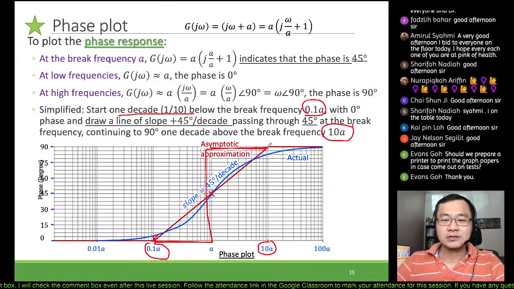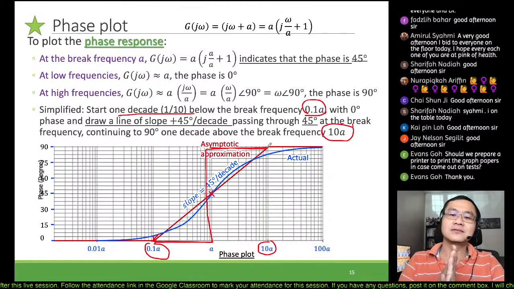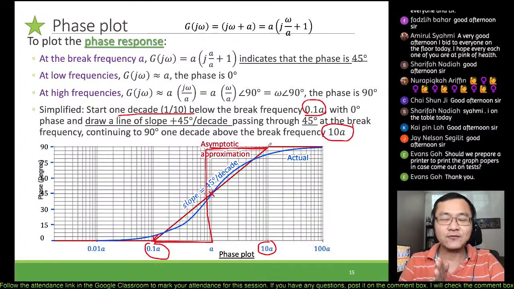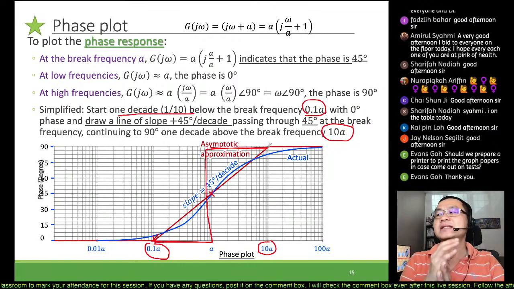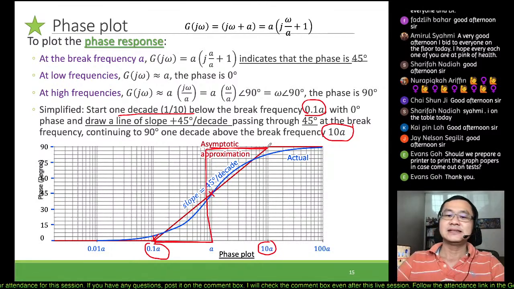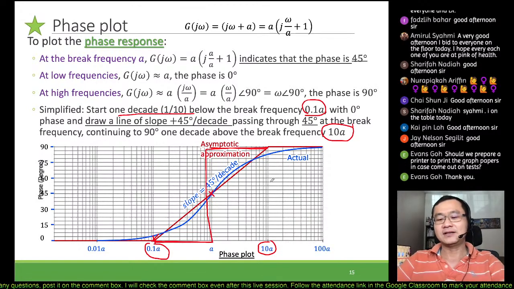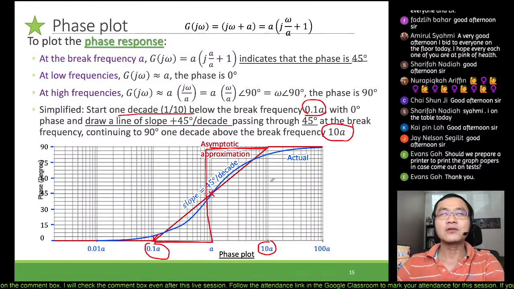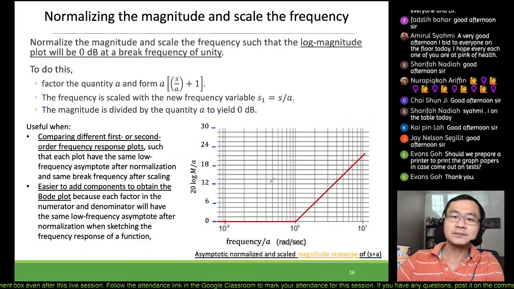So remember, for a phase plot, we have to start plotting 1 decade before as well as 1 decade after. So this is how we can plot it.